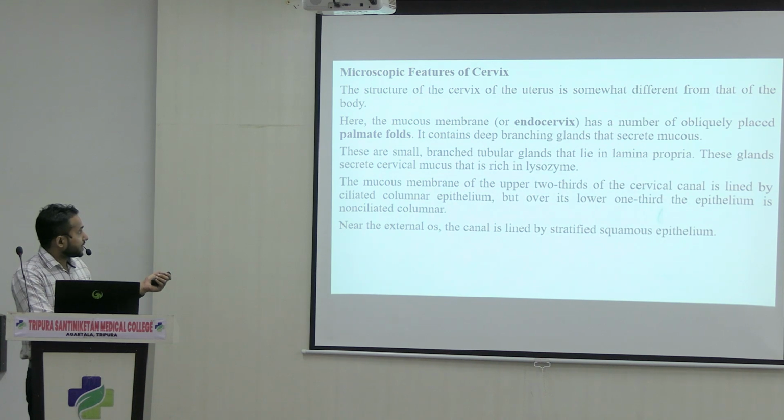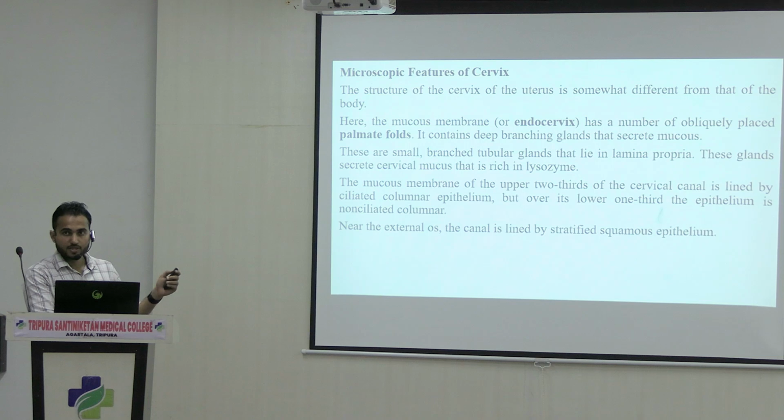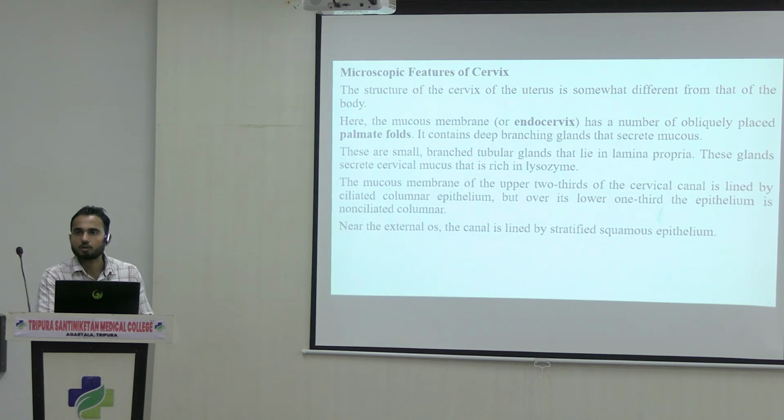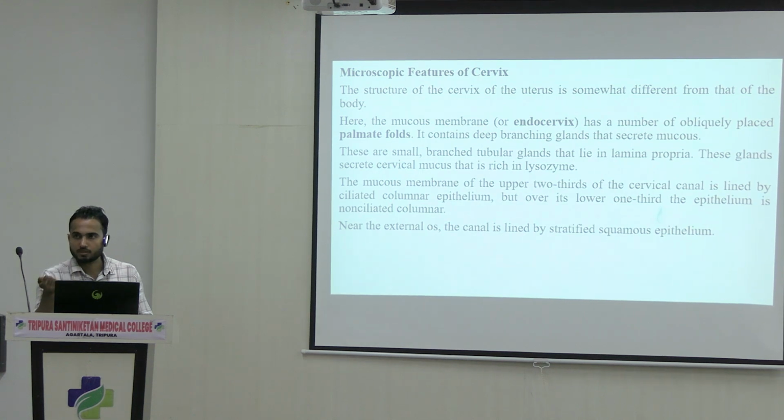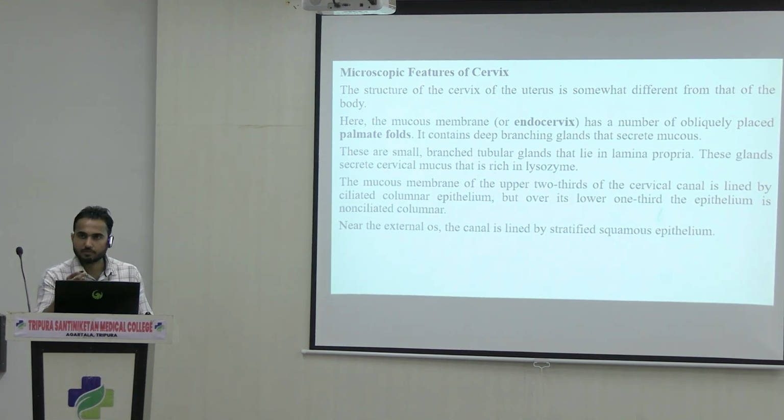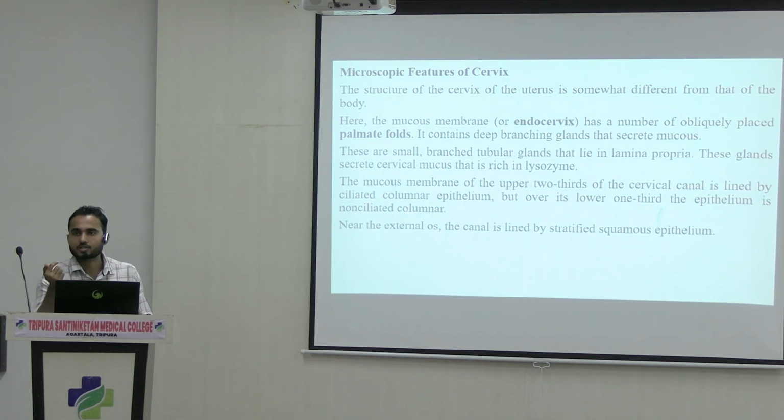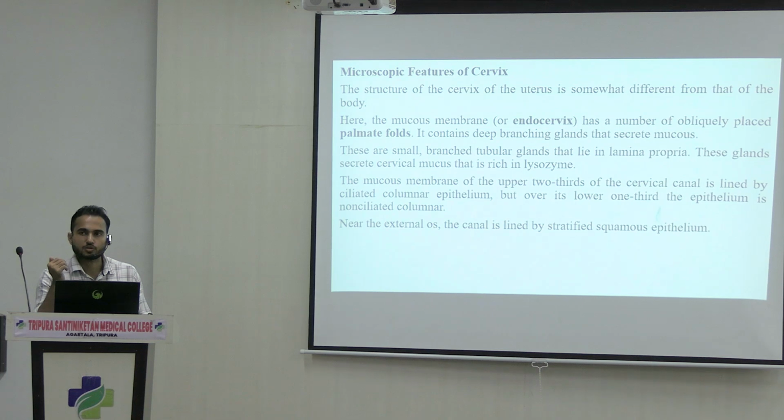So the mucous membrane of the cervix is also called the endocervix, which is thrown into oblique folds. That means whenever you see the mucous membrane, it has oblique folds, and they are called palmate folds.